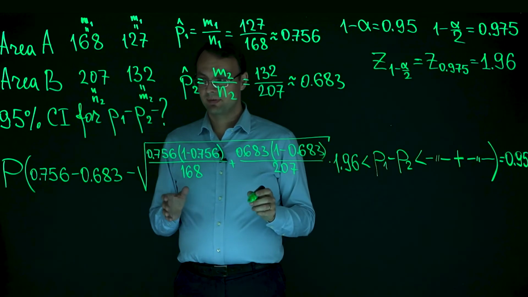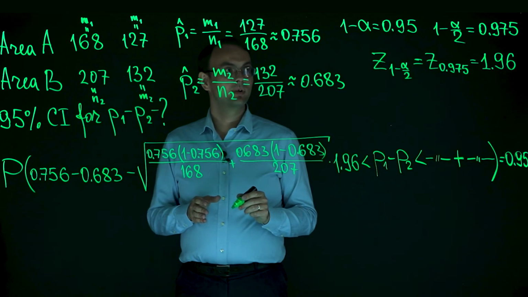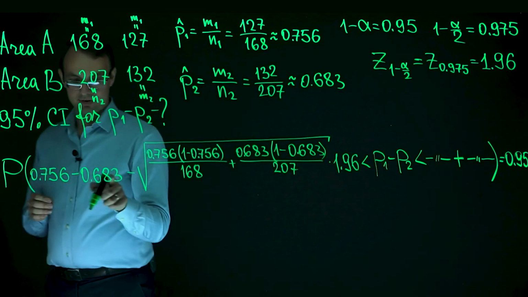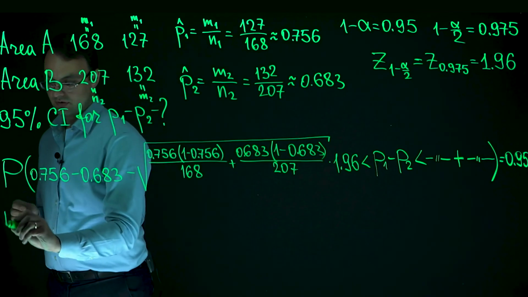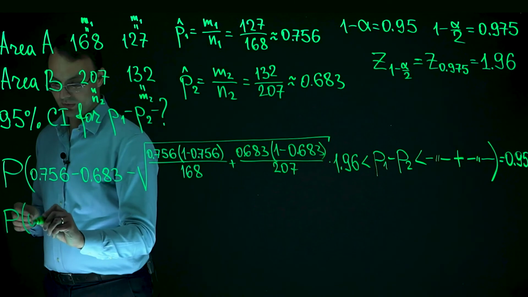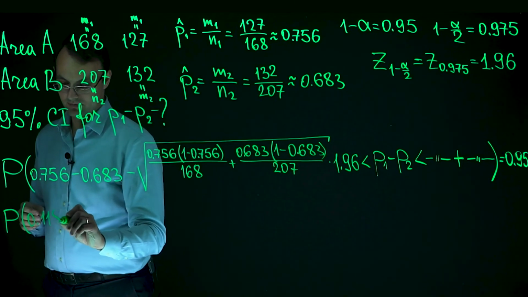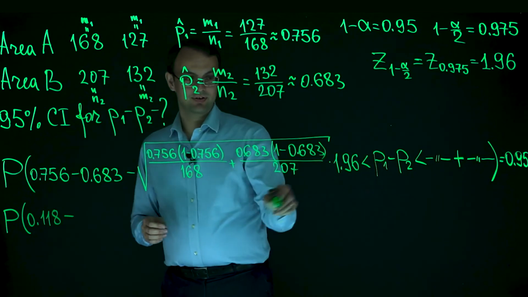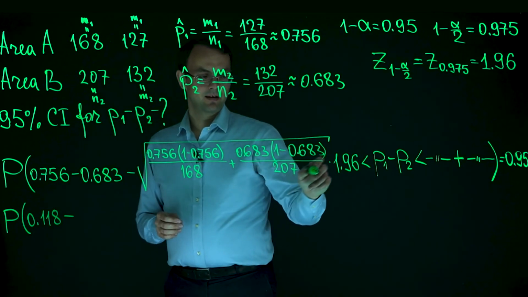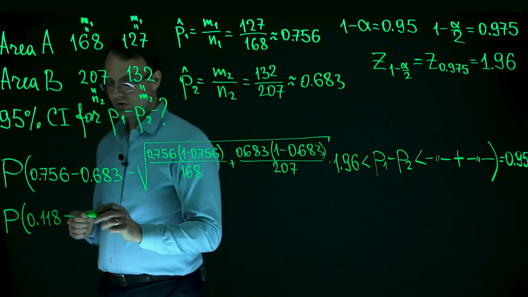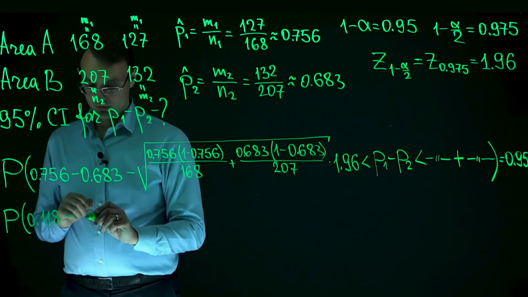After simplification, what do we get? The difference of sample proportions is 0.118. And the square root expression multiplied by the quantile is equal to 0.02922.